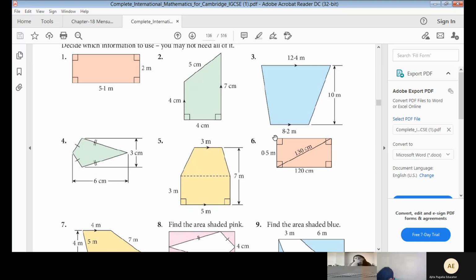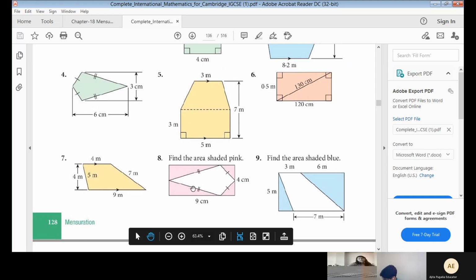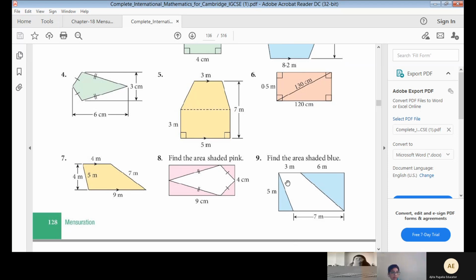Neve, what am I saying? Please do it in your notebook. 0.6 meters. 0.6 meters square. Yeah. Okay, 7, 8, 9.